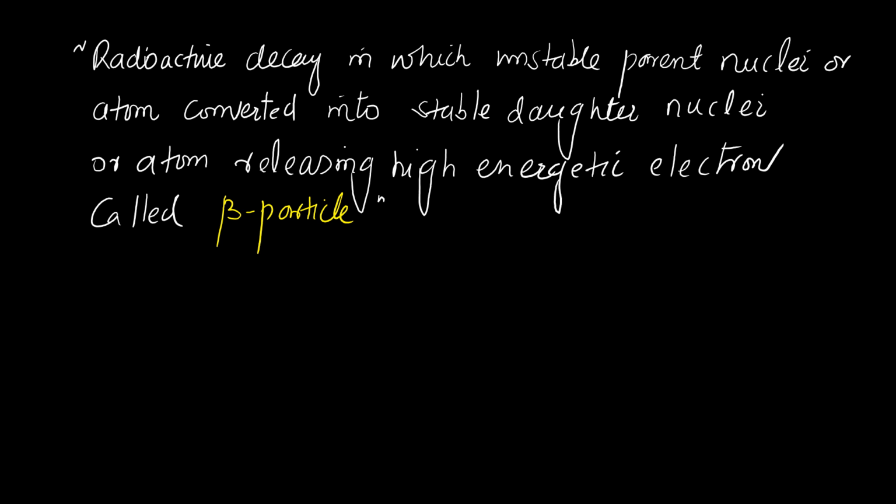Now, how does beta decay occur? Dear student, as you know, in a nucleus there are protons and neutrons.